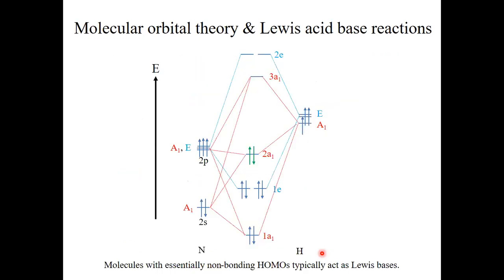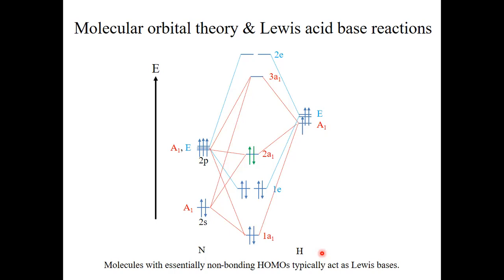According to molecular orbital theory, a molecule is a Lewis base when it has an approximately non-bonding highest occupied molecular orbital, and a Lewis acid when it has an approximately non-bonding lowest unoccupied molecular orbital.